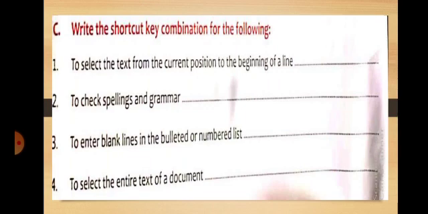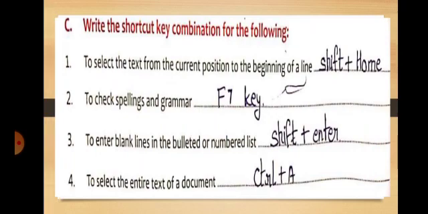To enter blank lines in the bulleted or numbered list, the shortcut key combination is Shift plus Enter. To select the entire text of a document, the shortcut key command is Ctrl plus A. Dear children, the answers have been displayed for you. Write the answers properly and learn it.